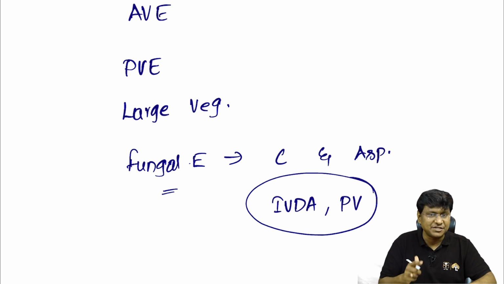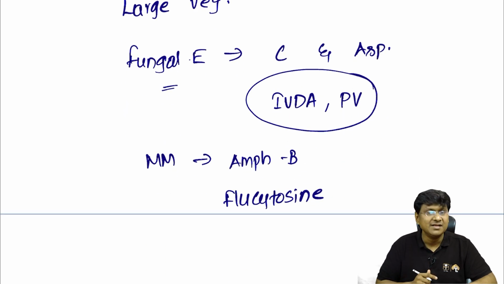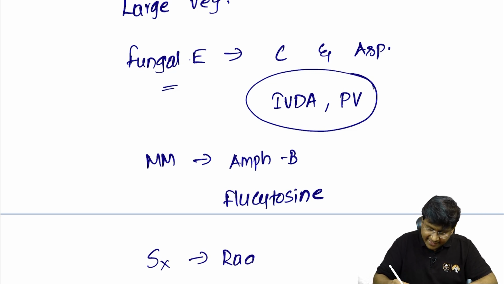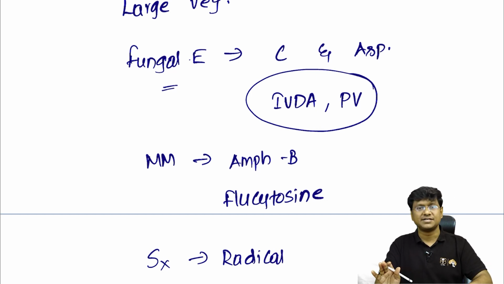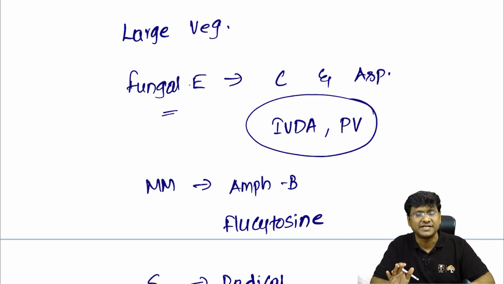In these patients, medical management is required. This medical management includes amphotericin B and then supplementation of flucytosine, right? Amphotericin B and flucytosine, that is the medical management. And the surgical treatment required in these patients is radical surgical debridement, right?